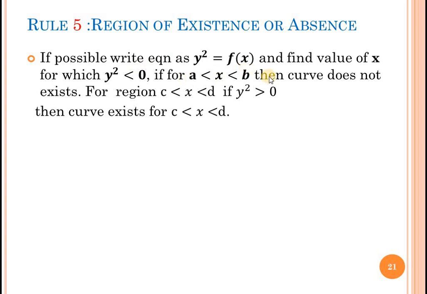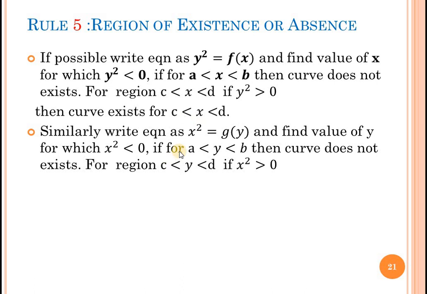For those values of x, the curve does not exist in that region. And in the region in which y square is positive, the curve exists. Similarly, if possible, try to write x square as a function of y, and then find the values of y for which x square is negative. In that region the curve does not exist for those values of y.